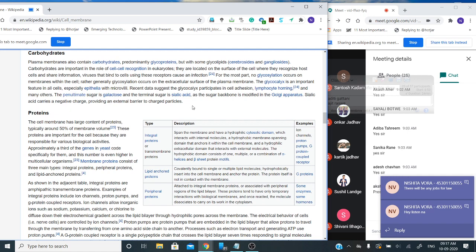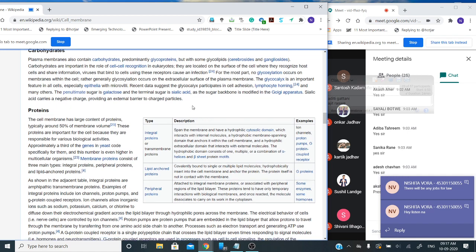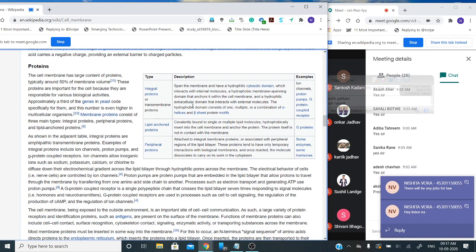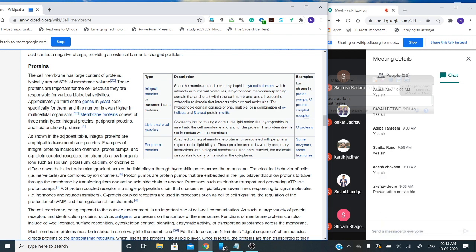Now proteins, a very important thing, are there in the membrane. We have a variety of proteins. We classify them into three important classes, that is integral proteins, lipid anchor proteins, and peripheral proteins.